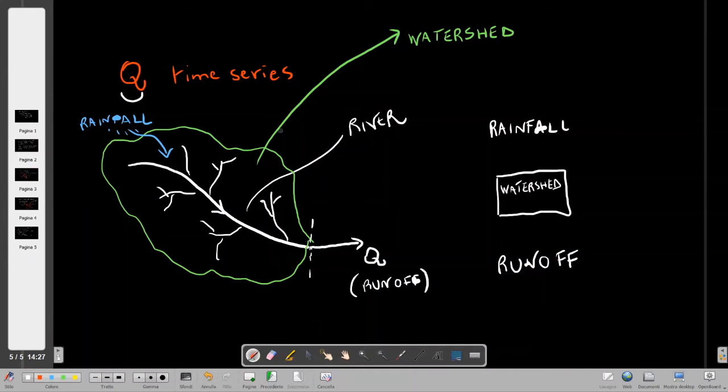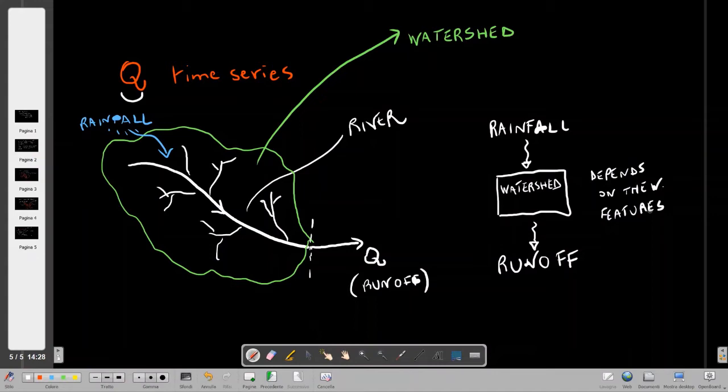So this transformation, I mean the transformation of the rainfall into runoff, depends on the watershed features. I mean, if I have a lot of impervious area, impervious meaning impermeable, such as, for example, a lot of roads, a lot of urban areas, a large portion of the rainfall is transformed into runoff.